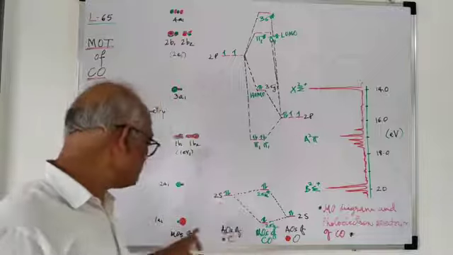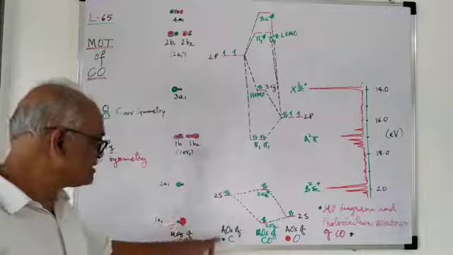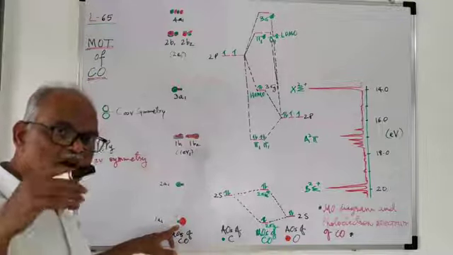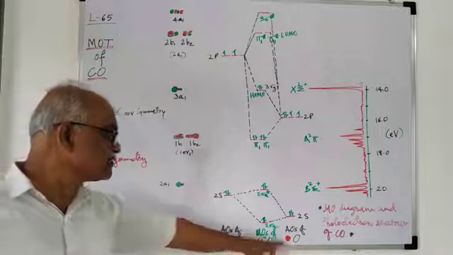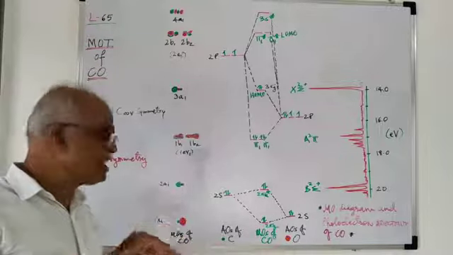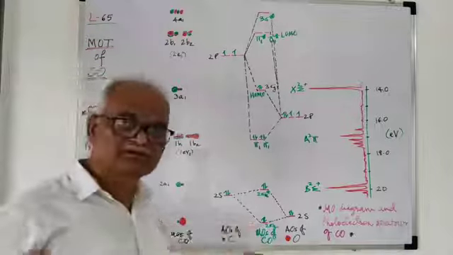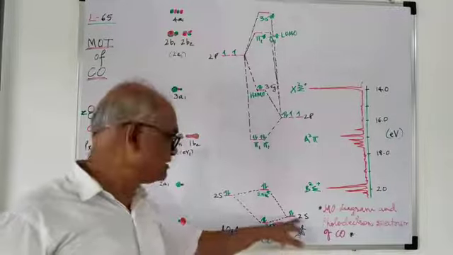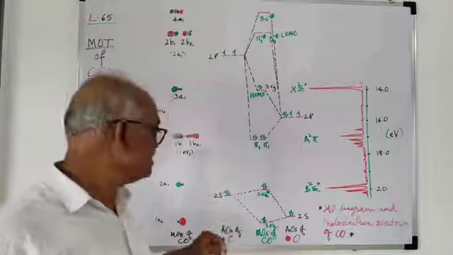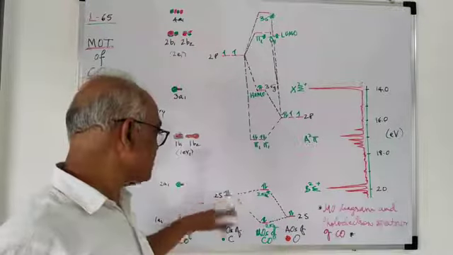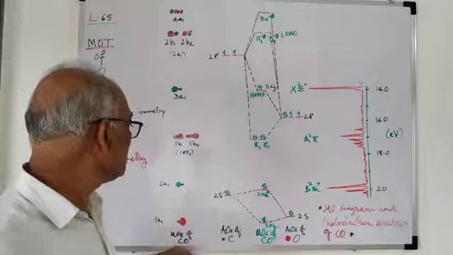So here you will observe in this diagram, this carbon atomic orbital has contributed less, whereas this oxygen atomic orbital has contributed more. So it bears more characters like the oxygen atomic orbital, that is of this 2s, and it has less character of this 2s of carbon.